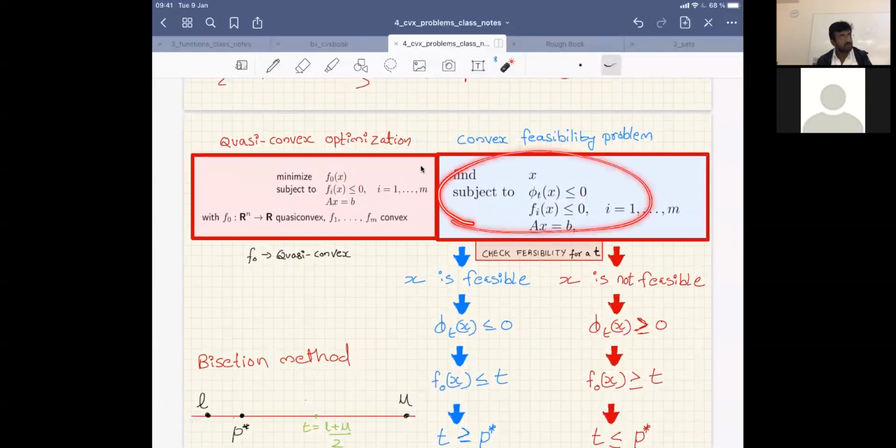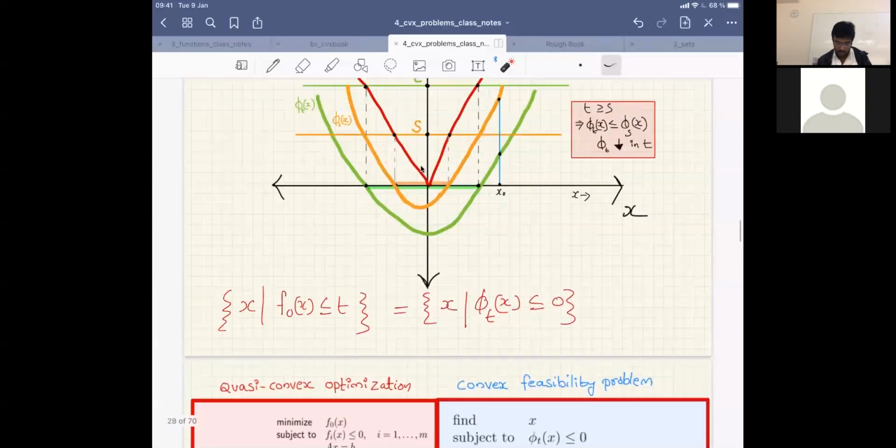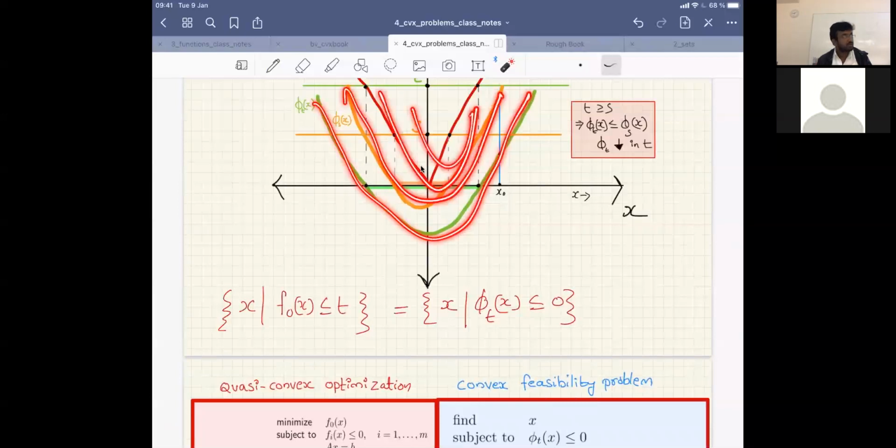I have this feasibility problem, and I will check the feasibility for a particular t. I start with a particular t, and check the feasibility of this. For a particular t, I will have a particular convex function. When you increase t, you will get a different convex function.